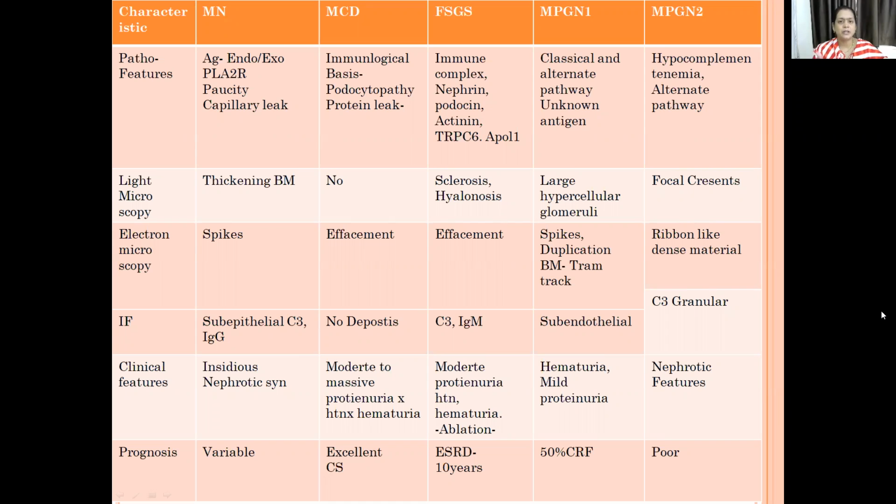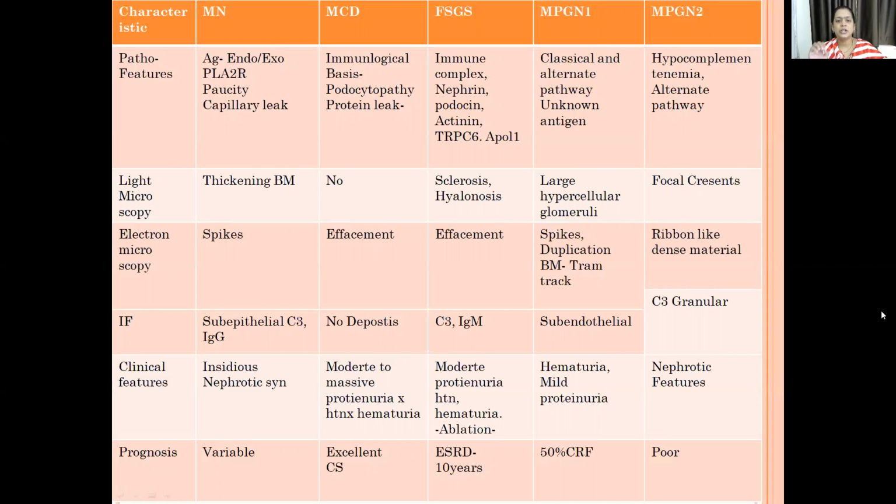So there is an injury to the glomerulus because of the destruction of the immune complex, then there is the capillary leak happening, so thereby there will be the protein leak into the urine. And there is paucity of inflammatory factors in membranous nephropathy. So these are the pathological features which contribute to membranous nephropathy.